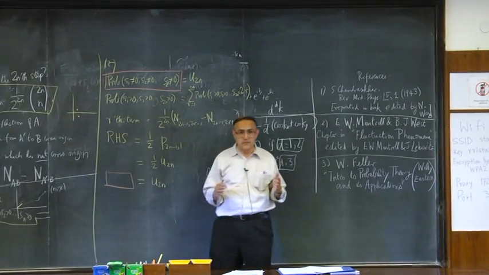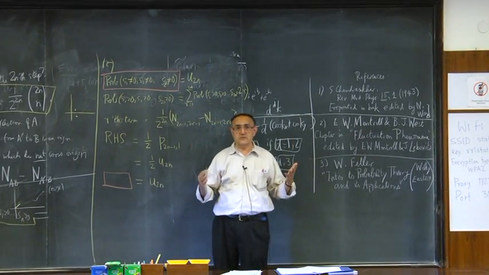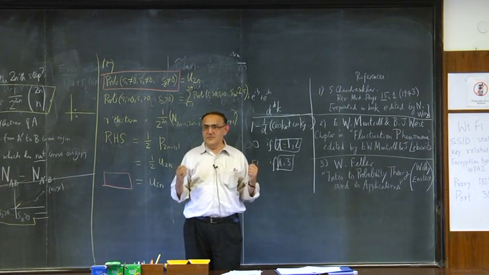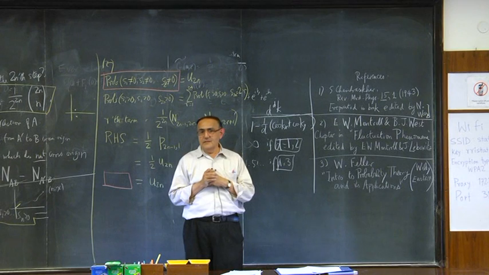We found the probability that 2n steps have passed and we have not visited the origin. I mean, it's something, we found it.